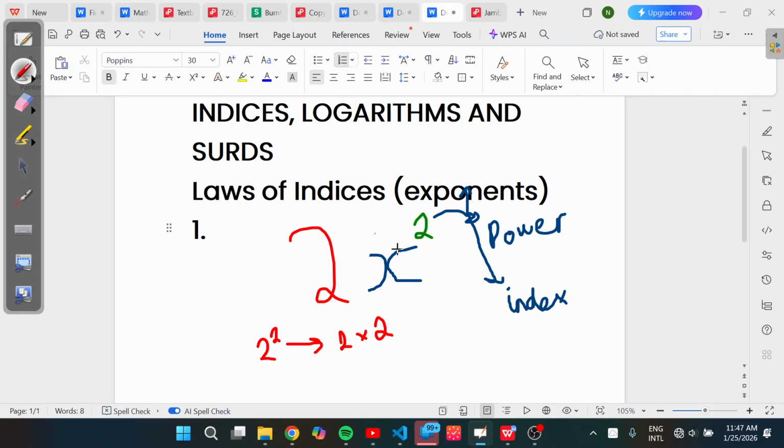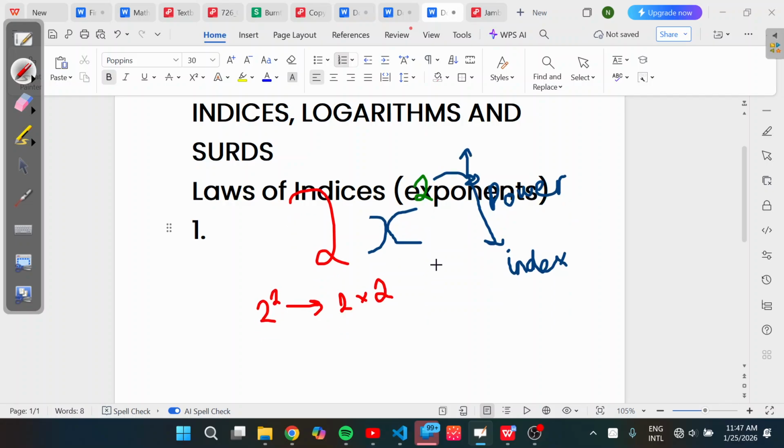Now let's use this x that we have here for example. So if we have x to the power of 2, this is the same as saying x times x.